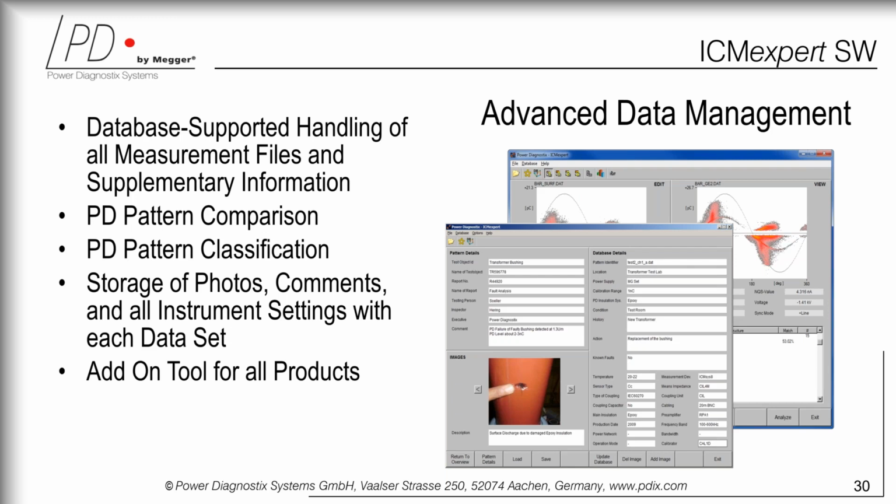People can store photos, comments, and effectively can monitor the asset very effectively across time. And the ICM expert can give a certain level of advice on what problems this transformer may have. And as a result, a specialist may dial in further, and we have plenty of people here that can help you with that.